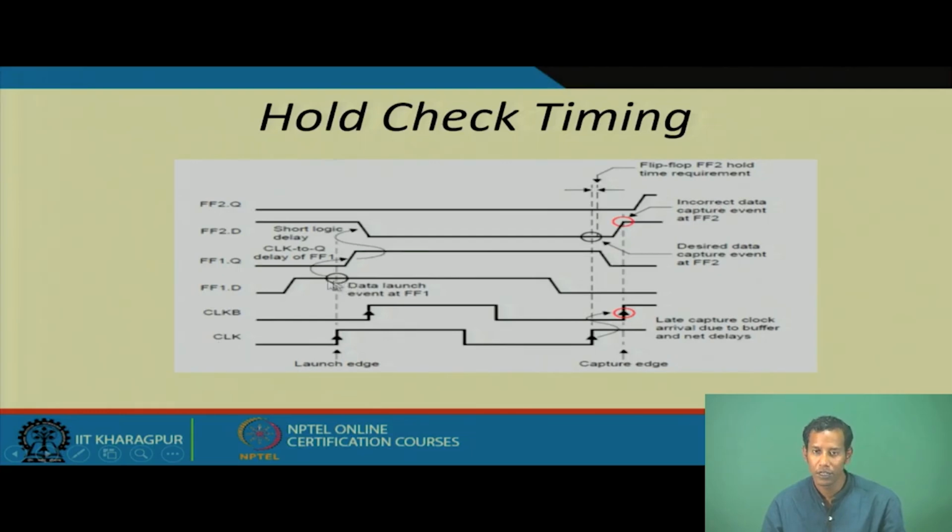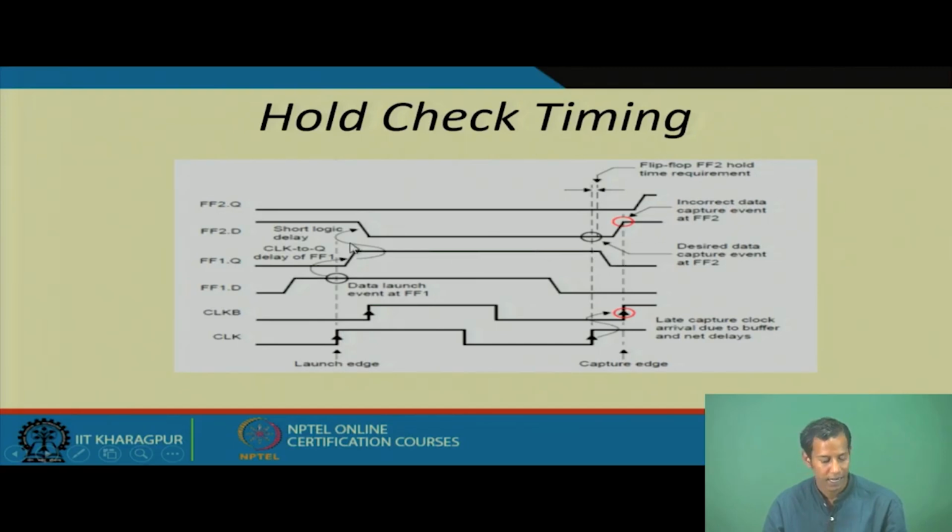The D input of flip flop 1 is this. At this particular edge, which is the capture edge, it finds the input value D. Just after some time delay, Q goes high.